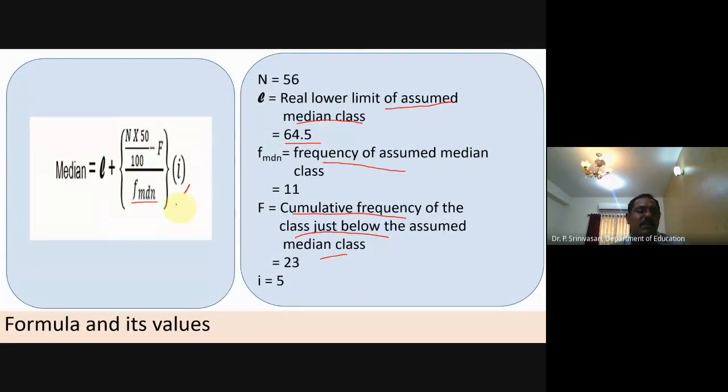Then class interval is equal to 5. So all 5 data we wanted to know are on the right-hand side. Now we just have to substitute.